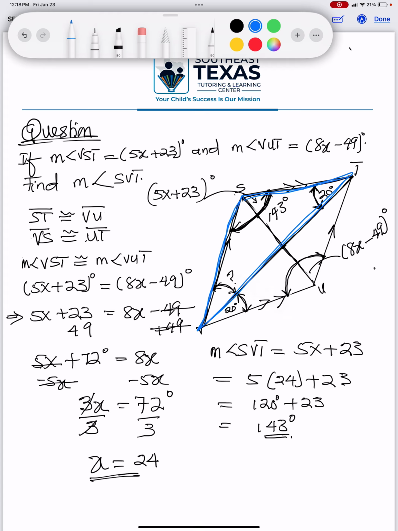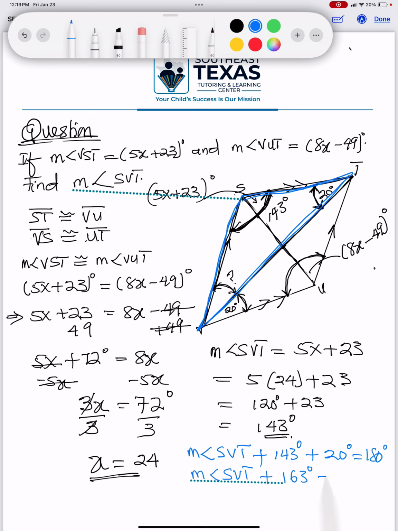So we know that when we add all the angles in this triangle in the blue line, we have to get 180 degrees. So now we say angle SVT plus angle 143 degrees plus the angle at T, which is 20 degrees, will give us 180 degrees. So that means that angle SVT plus 163 degrees is equal to 180 degrees.